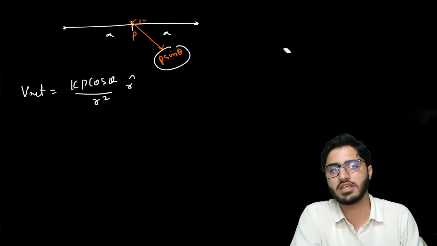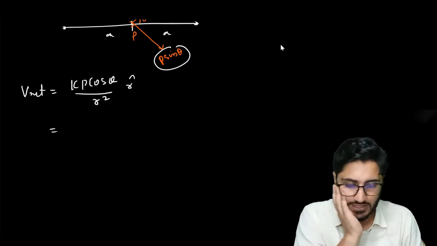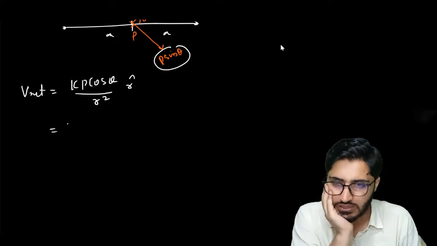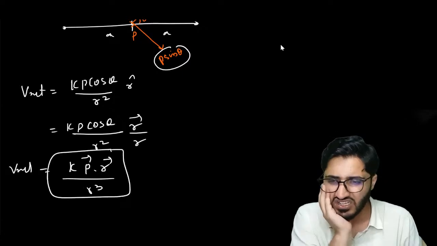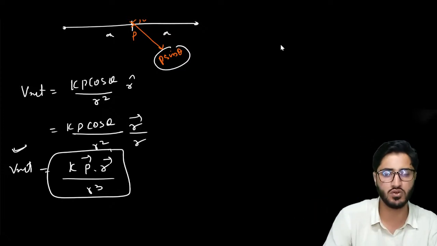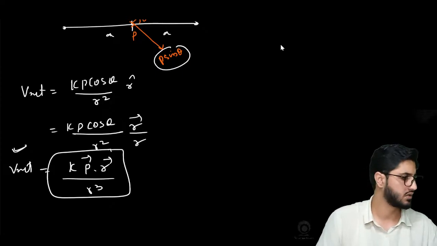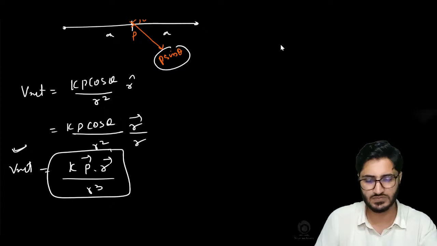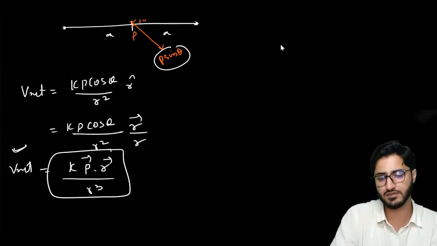So kp cos theta divided by r square, that will be r vector divided by r. I will write kp dot r whole divided by r cube. This one is not important, but just to make sure how to do the manipulation properly. Done? Easy, very easy.